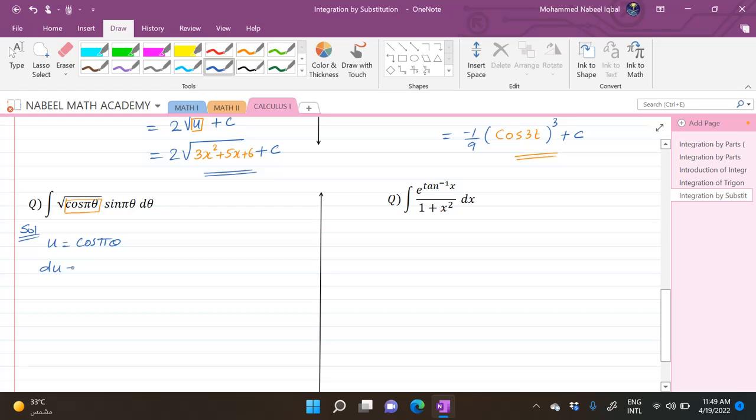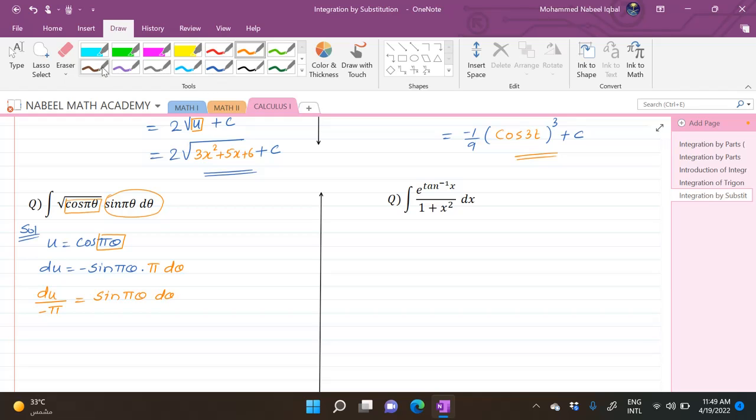Therefore du is equal to minus sine pi theta into, when you differentiate pi theta, it is the chain rule, pi d theta. Now I need only sine pi theta and d theta. Therefore I have to bring the minus pi down, so you will get du over minus pi as sine pi theta d theta.